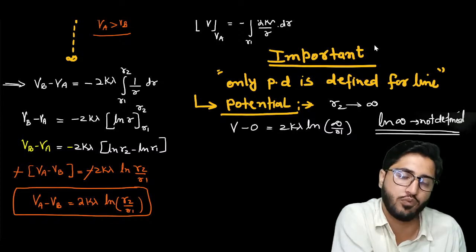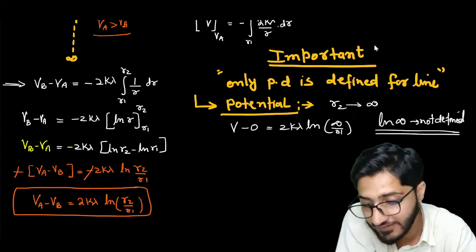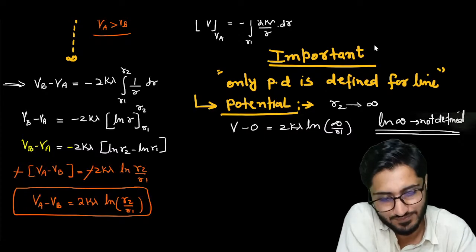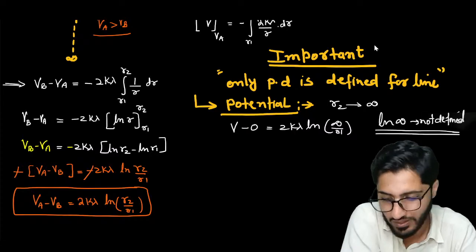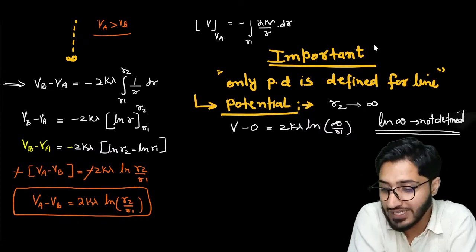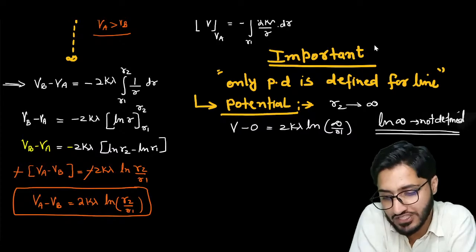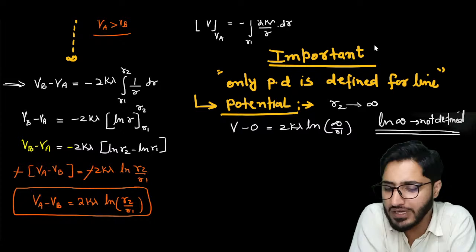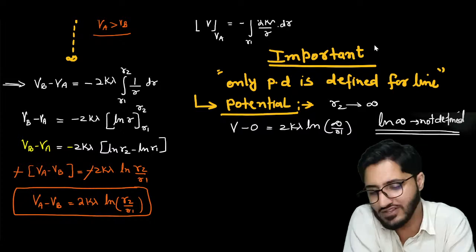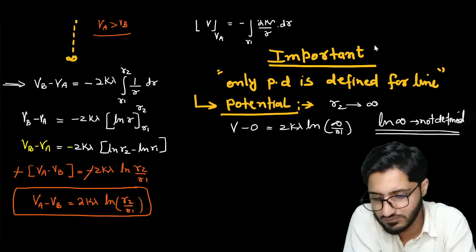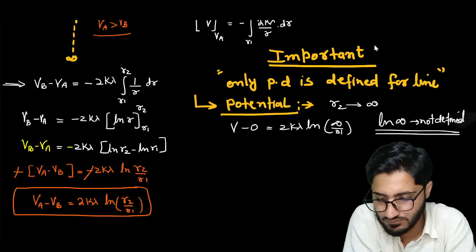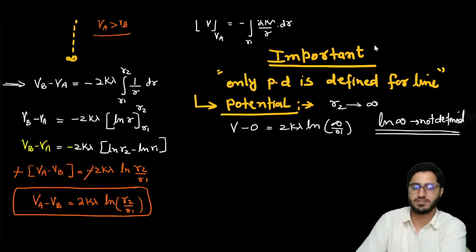Therefore, potential for a line is also not defined. That's why we use potential difference for a line, not potential. I guess this is a bit weird, but you need to remember these things. Very easy.